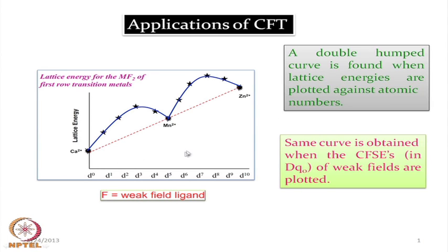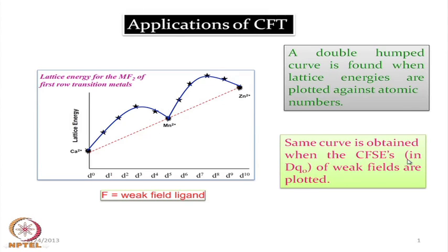So, whatever amount of lattice energy contribution we are getting for the entire solid structure, the part which is above this red dotted line, that means the double humped curve, we can also get. Since we have not made the plot earlier, we have the calculations in our hand for all the d electron configurations.